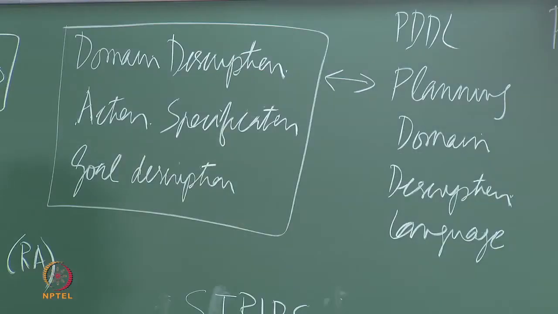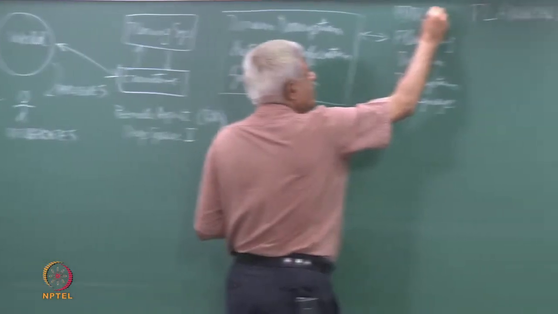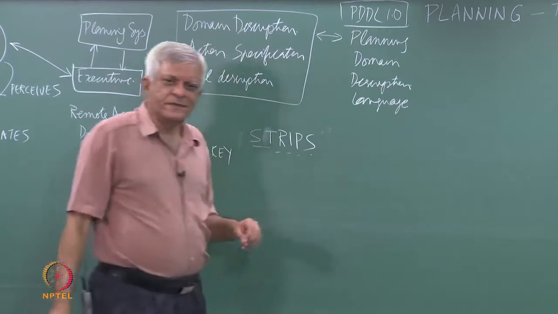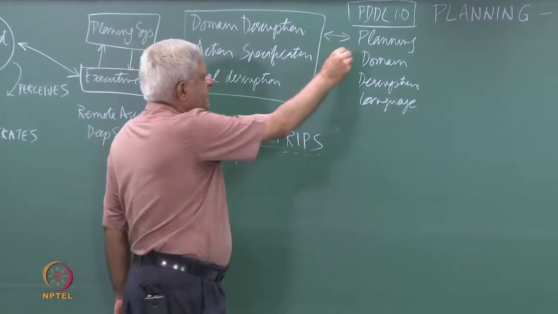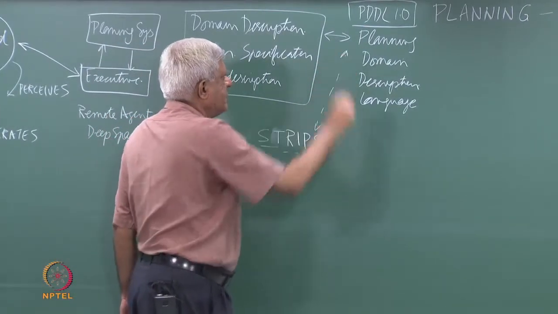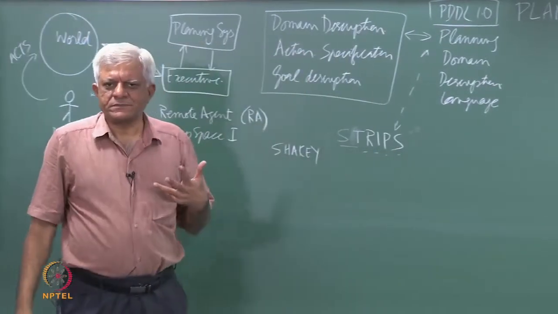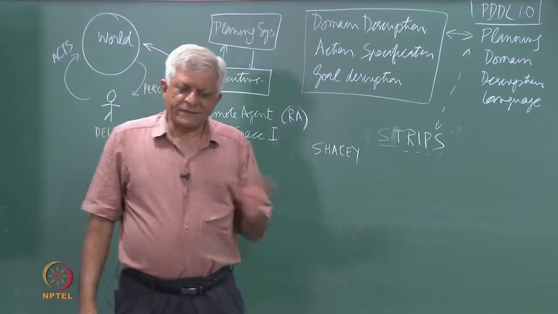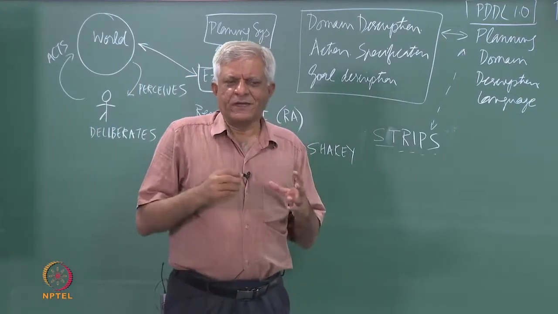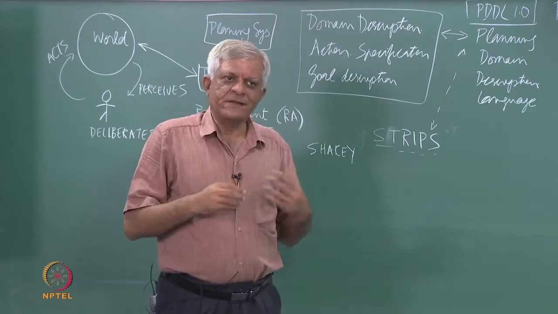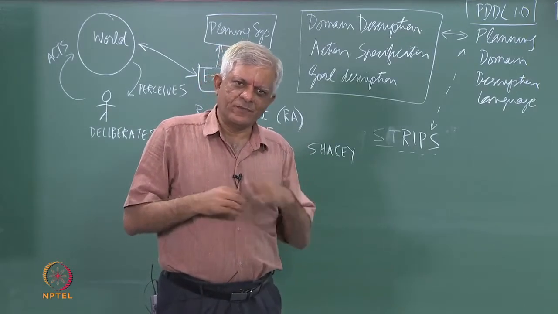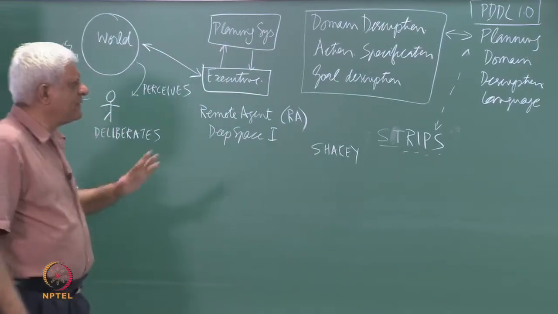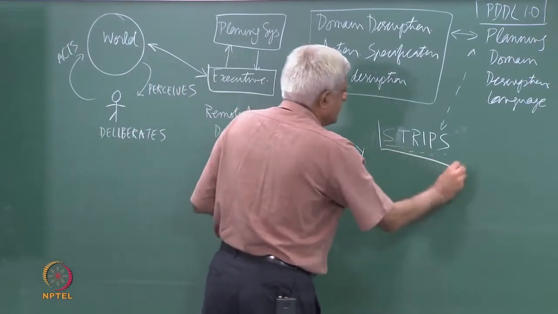We start with PDDL 1.0, and we will look at only PDDL 1.0 here in this course, which is basically what STRIPS does essentially. So, what happens when you go to higher levels of language? Basically, the richness of the language increases, and you are able to describe the domain as well as actions of more complex nature. So, let us see what are those kind of simplifications that we are making in STRIPS.